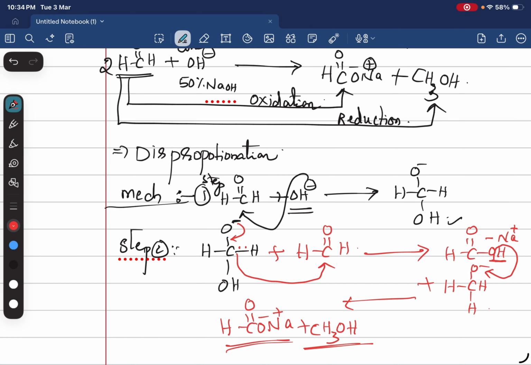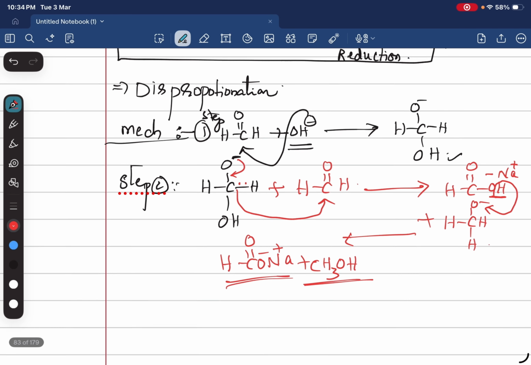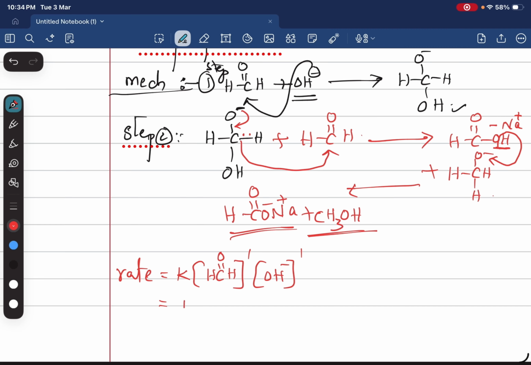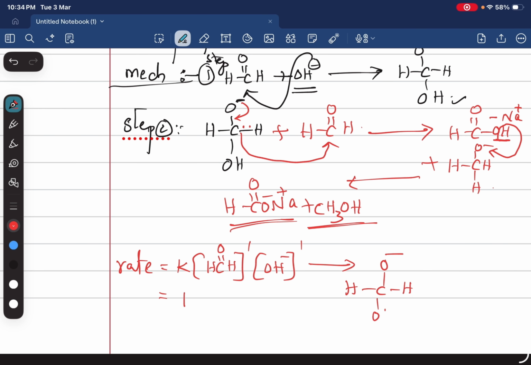This is nothing but the Cannizzaro reaction, and an example of a disproportionation reaction. So here rate equals K into aldehyde power 1 and OH minus power 1. If it is a very strong base, then in this case the intermediate is O minus CHH, as the product, like this.